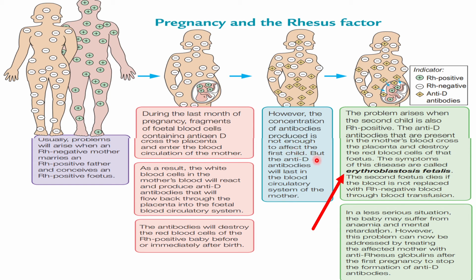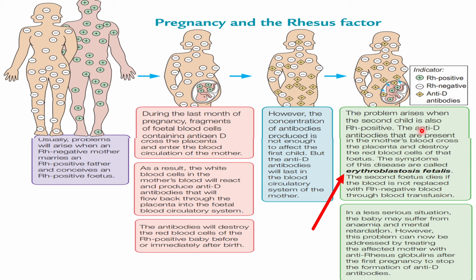But the anti-D antibodies will last in the blood circulatory system of the mother. Now this is where the problem arises: when the second child is also Rh positive.